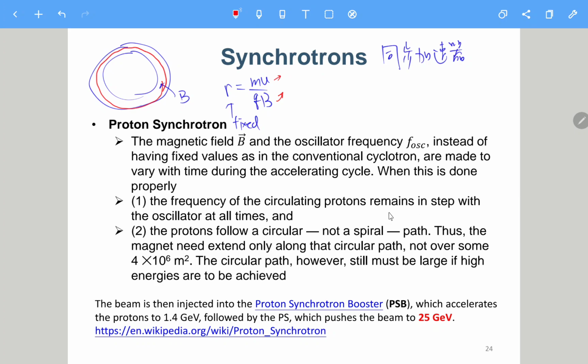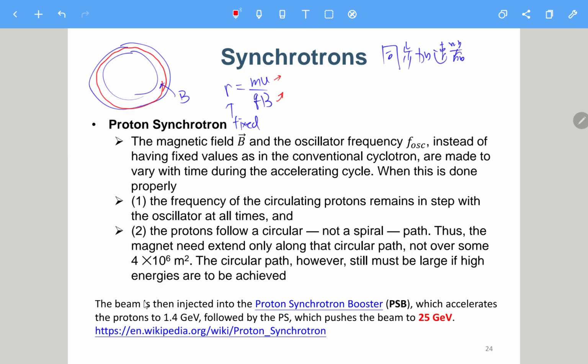So it will be able to provide a particle with higher energy, because this area will be smaller. We only need to provide the B field in the ring, so we can provide a larger B, which makes the v larger also. But the control will be more complicated.